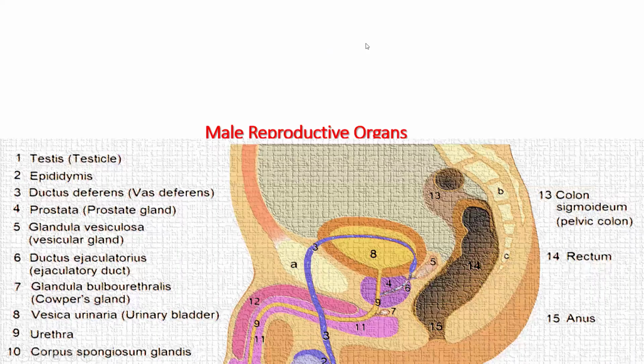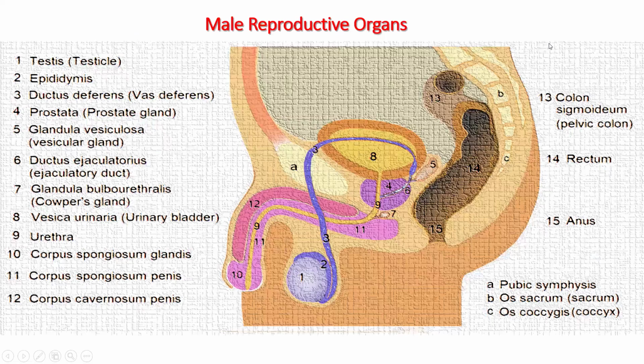Now, if you see the components of the male reproductive system, this figure indicates the various components, like testes, epididymis, vas deferens, prostate, glandula vesiculosa, glandula bulbourethralis, urinary bladder, urethra.